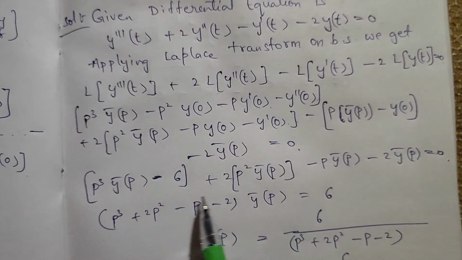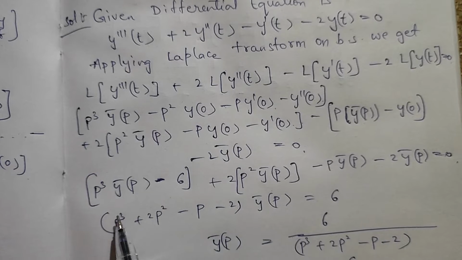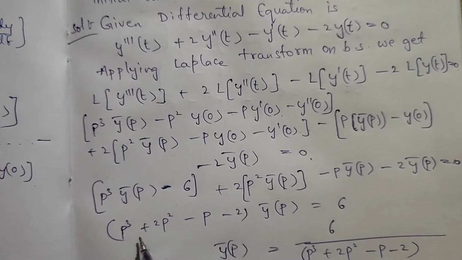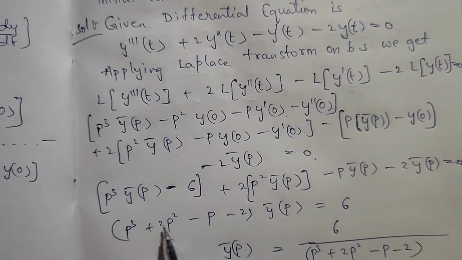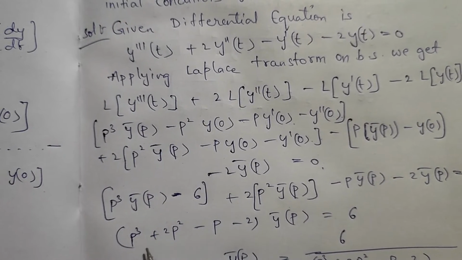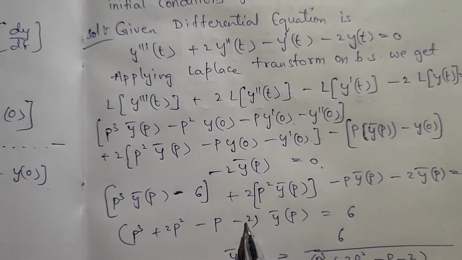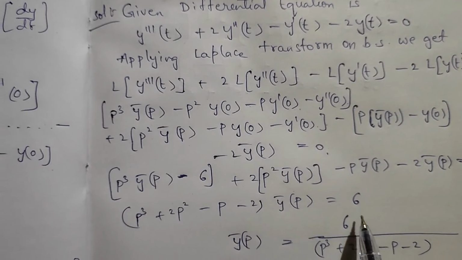Again, if you want, you can take common all the p terms with y bar of p. So y bar of p, take it out and just take all the p cube, p squares and p and constant terms common. We get p cube plus 2 into p square minus p minus 2 into y bar of p, which is equals to 6.